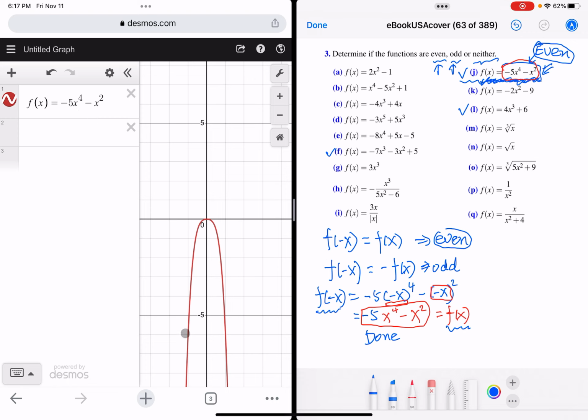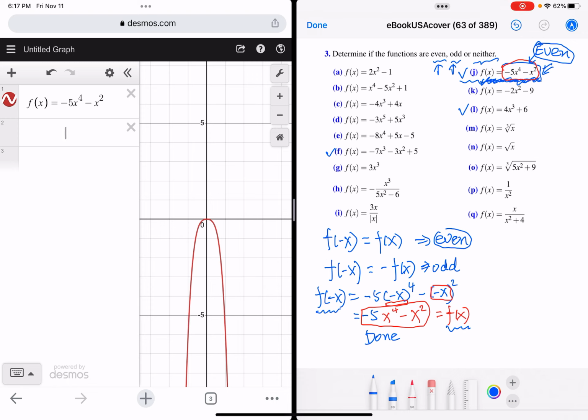Then this is the picture. The graph is symmetric with respect to the y-axis. Again, one part on the right-hand side of the y-axis is the mirror image of the other part.